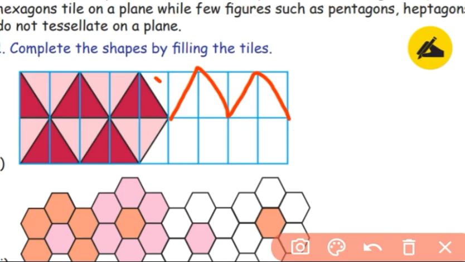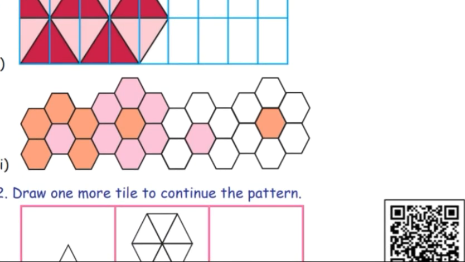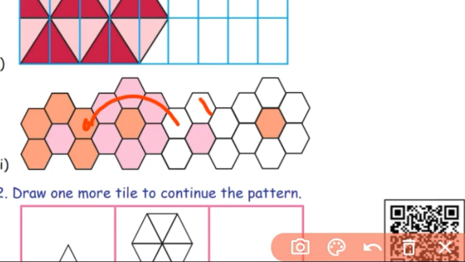Here pink and here red, pink, like that. See the next picture. So you have to fill this color here, and this pink you have to fill here.